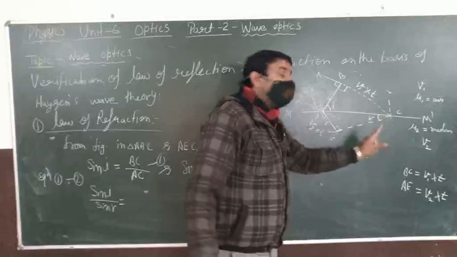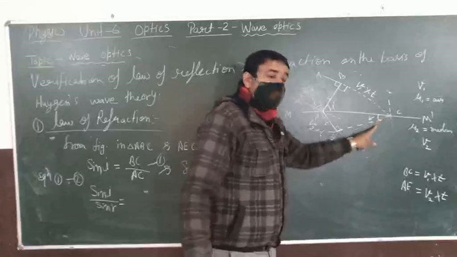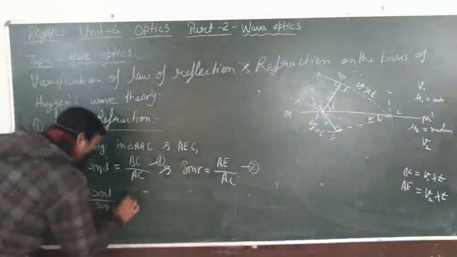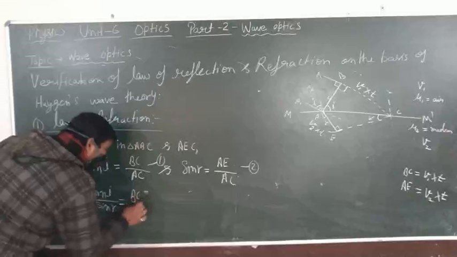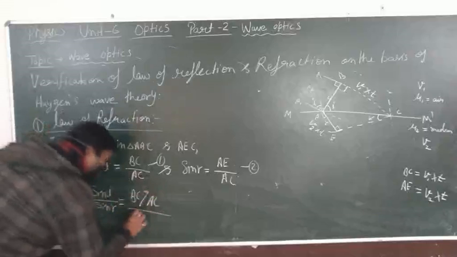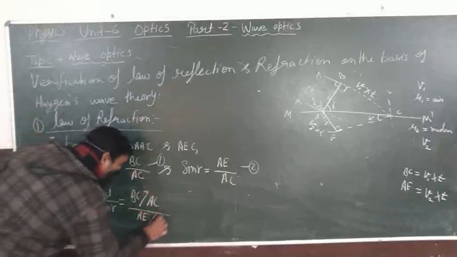EC we take only when calculating the value of cos. So this is BC upon AC, and sine R is AE upon AC.